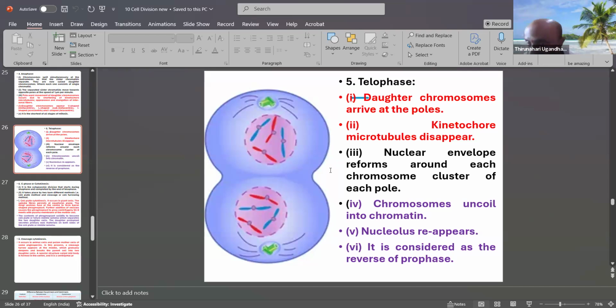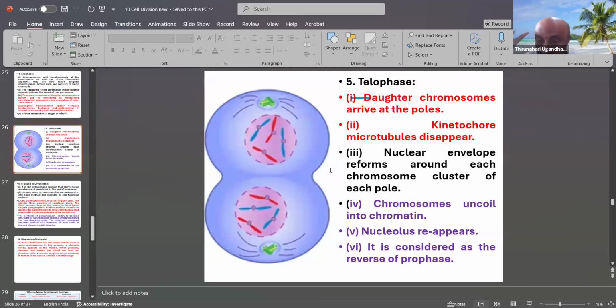The chromosomes are uncoiled into chromatin. Uncoiled means not coiled. The nucleolus reappears. In the first stage, the nuclear membrane disappears, but here the nucleus reappears.